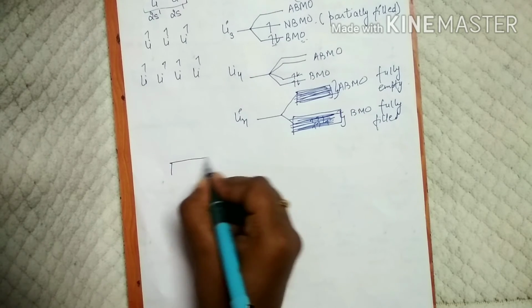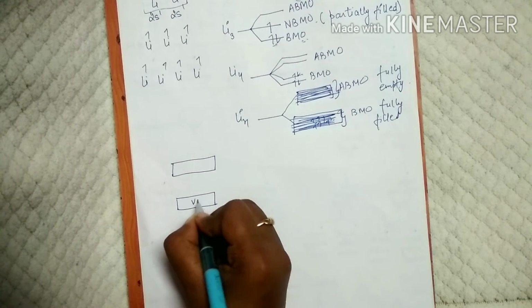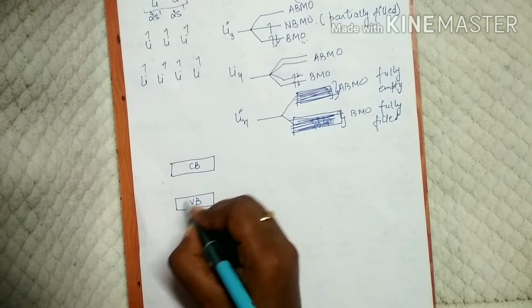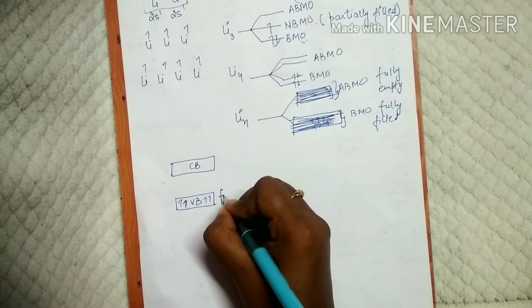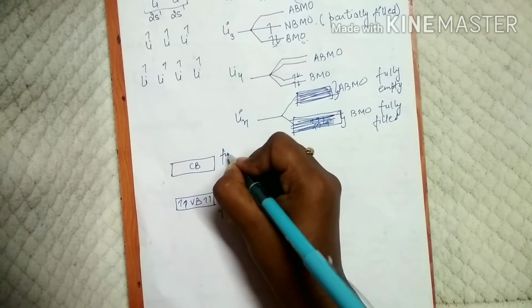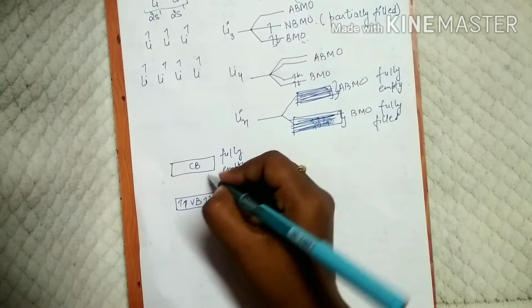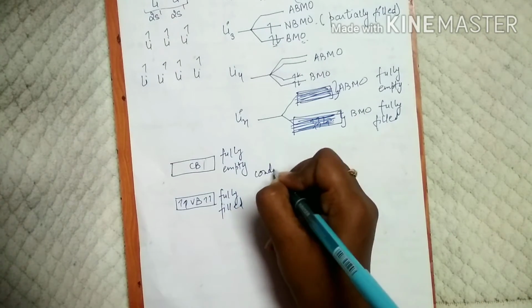If two types of bands are present, valence band and conduction band, if your valence band is fully filled and conduction band is fully empty, then the given substance can be your conductor.